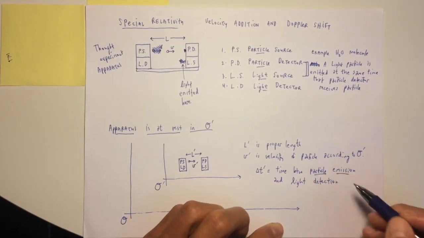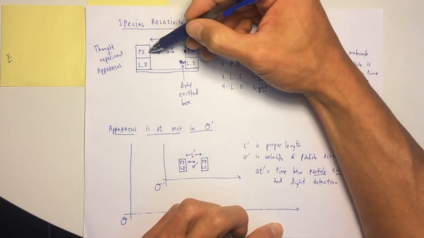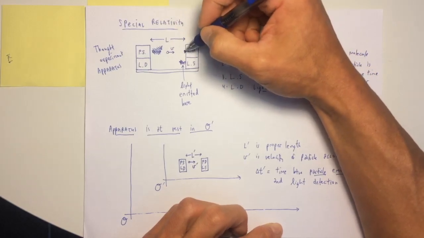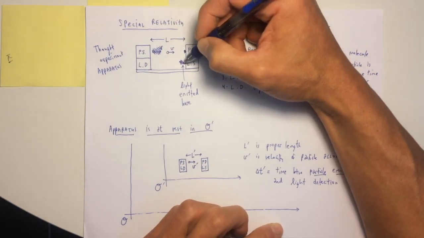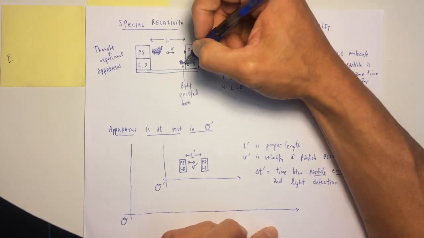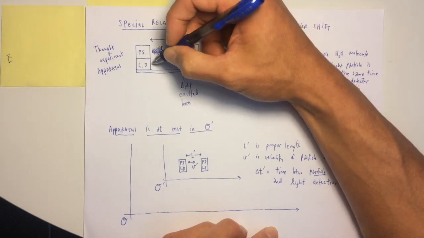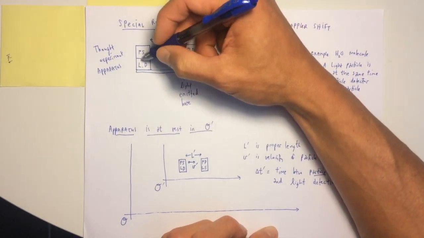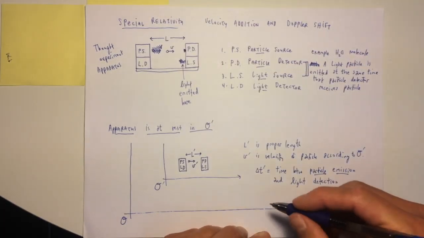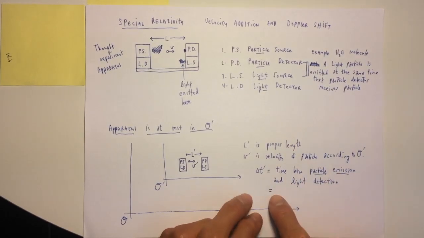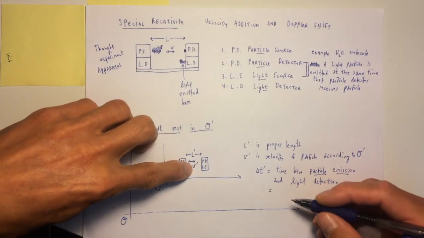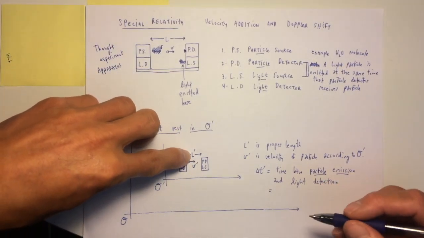So the particle is emitted, and then it takes a certain amount of time for the particle to cross the gap, and then as soon as the particle touches the detector, immediately a light signal is sent away from the light source, and takes some more time to go at the speed of light across the gap distance to the light detector. And that total time is delta T prime. And I bet you can, it's easy to see what delta T prime is. So the particle travels at the speed v prime across the distance L prime.